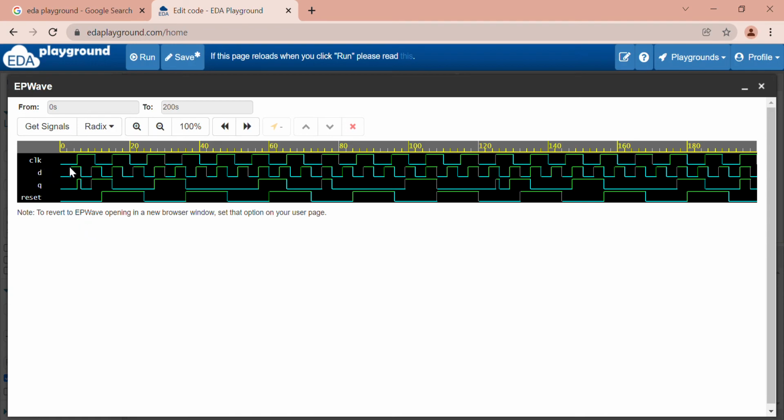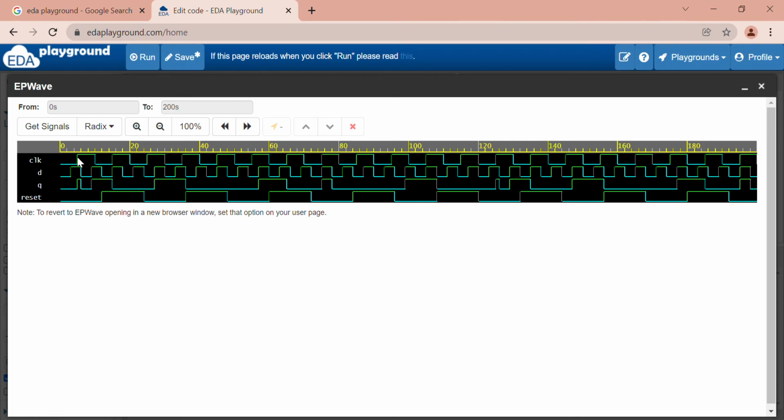We are giving a clock pulse. Here we have D, our input, Q, our output, and the reset pulse. We are actually dealing with the D-latch, so it works on the level triggering of the clock. Our D is 1 here, and then 0, then it changes to 1.